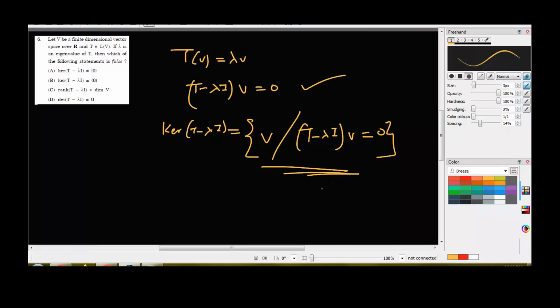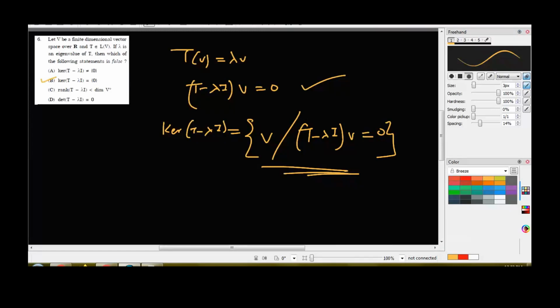So the very first option, which says kernel of T minus lambda I is not equal to 0, is correct. Then we have kernel of T minus lambda I is equal to 0, which is not applicable in this case, because it will have a vector other than a zero vector, and so the statement which is false in this case is kernel of T minus lambda I is equal to the singleton 0.